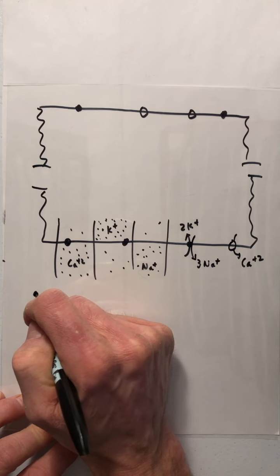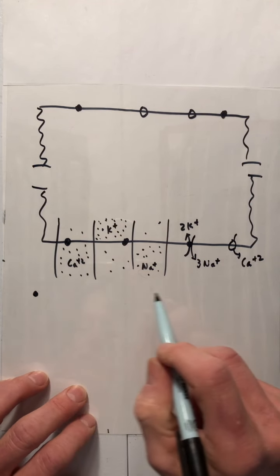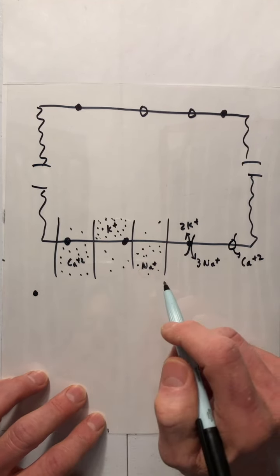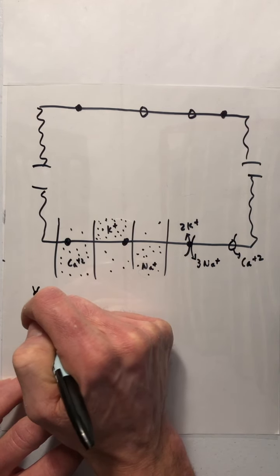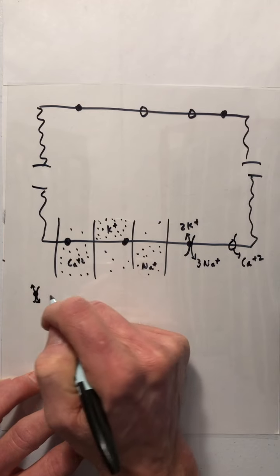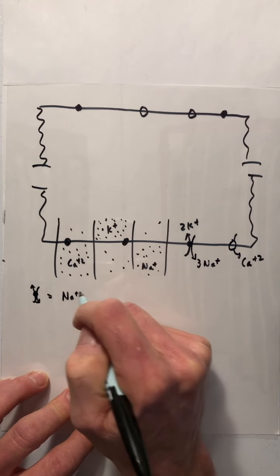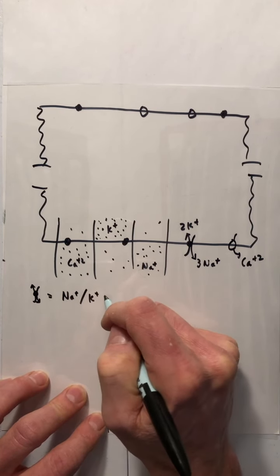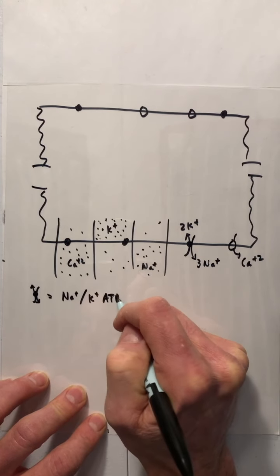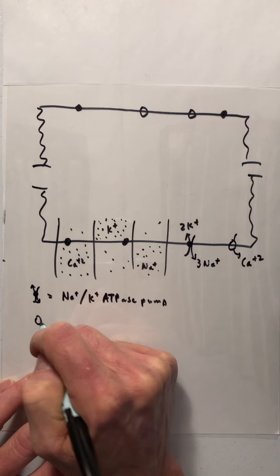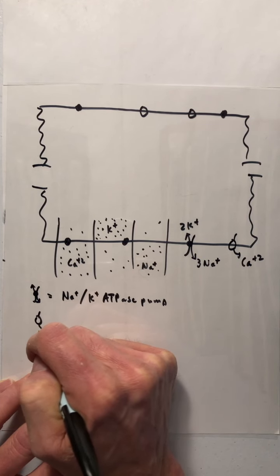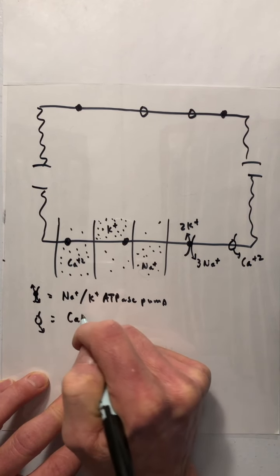They spend a lot of ATP energy to do this because it's active transport. It's pumping these ions against their concentration gradients. So my black circle filled in here is the sodium-potassium ATPase pump, and the open circle that I drew there is the calcium ATPase pump.